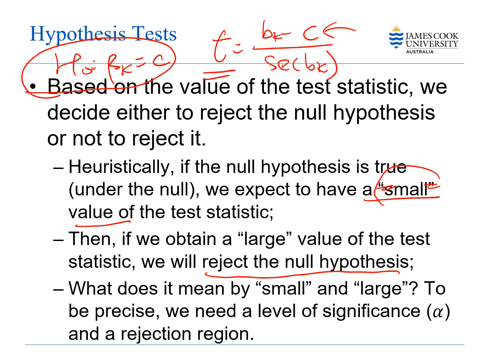First, we need to choose a level of significance and set up a rejection region. So if our computed test statistic value is located in this rejection region, we are going to say we reject the null hypothesis. If it is outside this rejection region, we are going to say we fail to reject the null hypothesis.